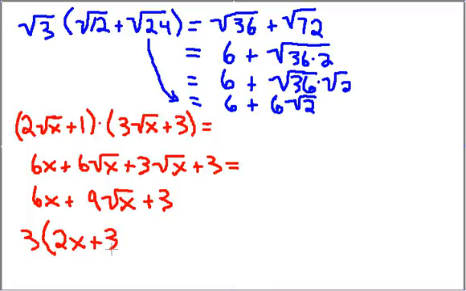Well, 3 times 3 radical x is 9 radical x. And then 3 times 1 is 3. So by bringing a 3 out of each of these terms, that leaves us with 3 parentheses 2x plus 3 radical x plus 1. This here is the simplified format of 2 radical x plus 1 being multiplied by 3 radical x plus 3.